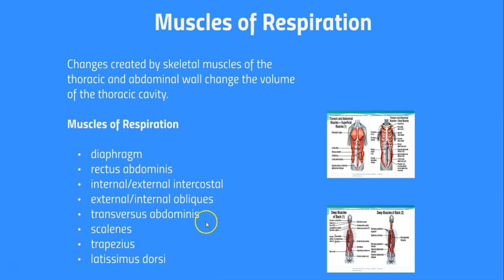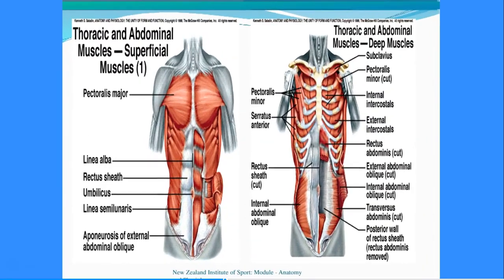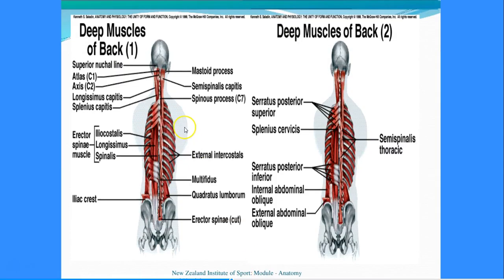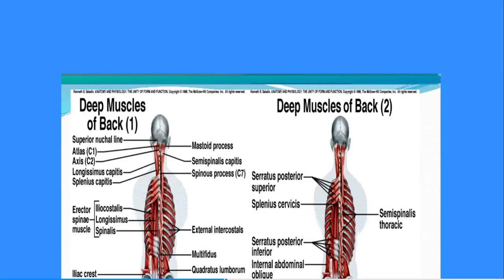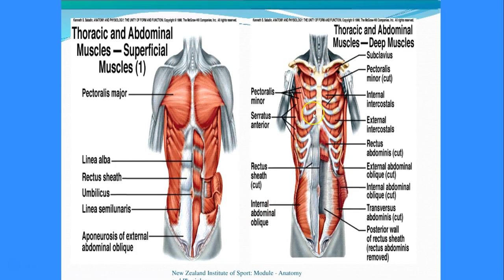The scalenes are a couple of muscles that are found in your neck. I'll just take you to them now. So the scalenes, you'll find that are these neck muscles that you see here. And their job is to anchor the first rib. We might even see one on the front page here, so let's go back. We can't see them on here, but they're not labelled, but they are here.